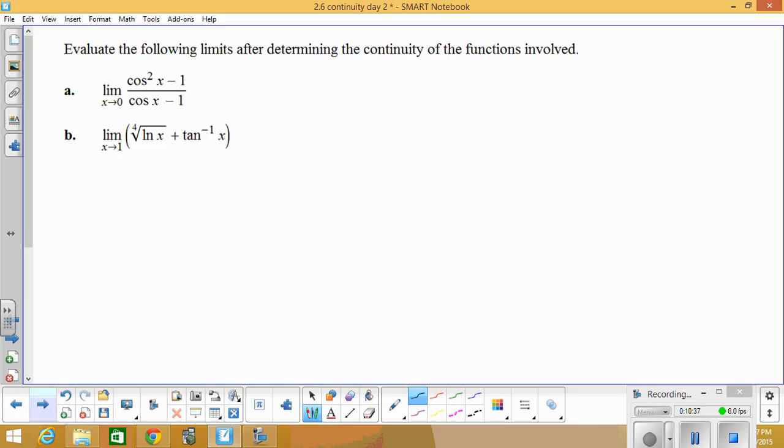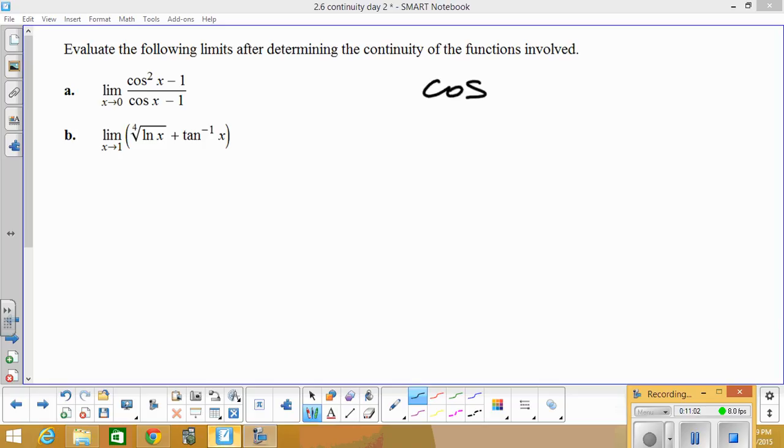Evaluate the following limits after determining the continuity of the functions involved. So for A, remember there should not be any issues because we're dealing with cosine, but we have an issue in the denominator. So coming back to A, we said we had an issue with the denominator. And where would this happen?